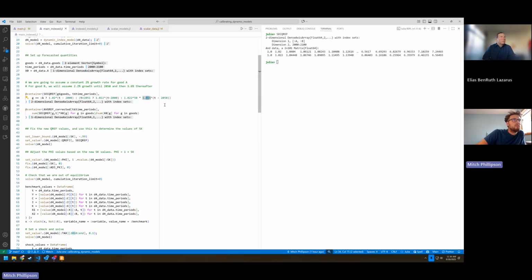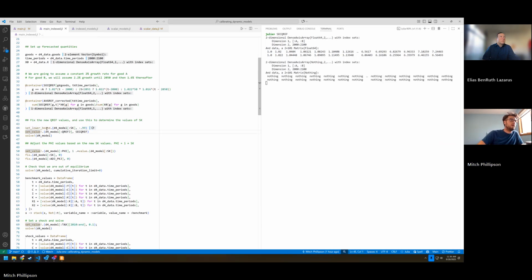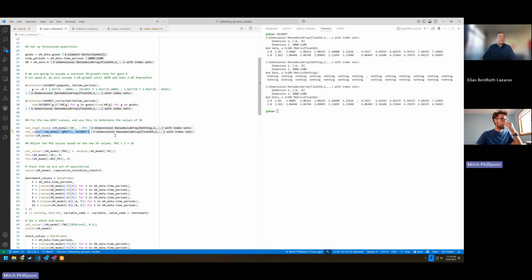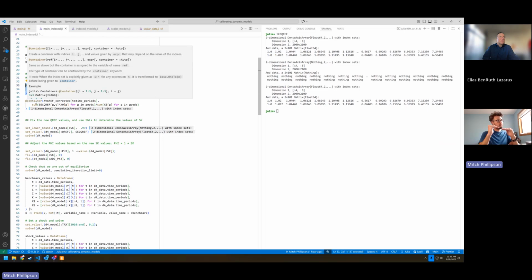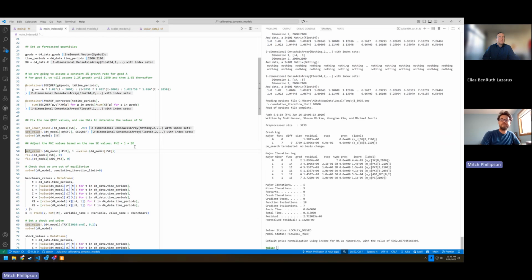And where it comes up is right here. I don't want this to get too negative. And then I set the value of that parameter to be this. So that changes the bounds on X, so that changes what X can be. It's fixing it to these new values. Then I solve it, and it's done.